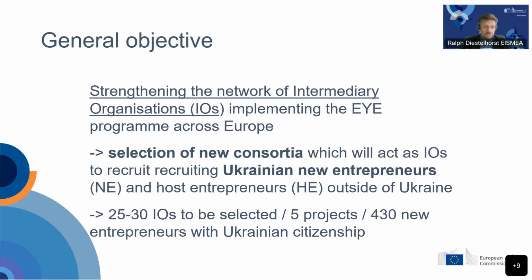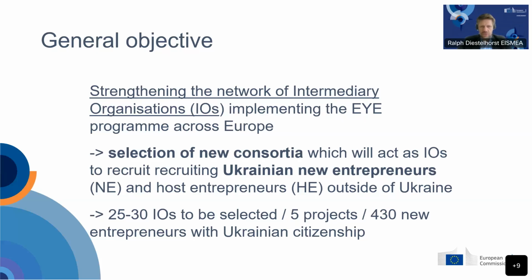So the general objective is here to select, after you submitted your proposal and as part of our evaluation, 25 up to 30 intermediate organizations. Intermediate organizations are our grant beneficiaries, and they will be selected and spread over projects, because we ask for teaming up in transnational projects.